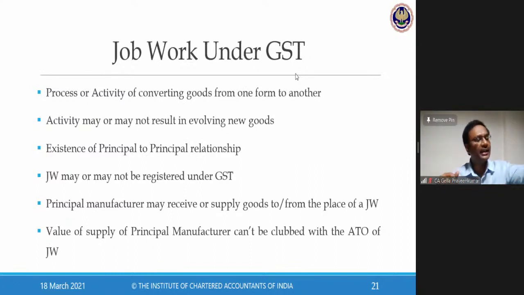And the rest of the activity, I'll get done externally by a person called a job worker. So what happens here? My raw material or my semi-finished goods shall be sent to a third party called a job worker.